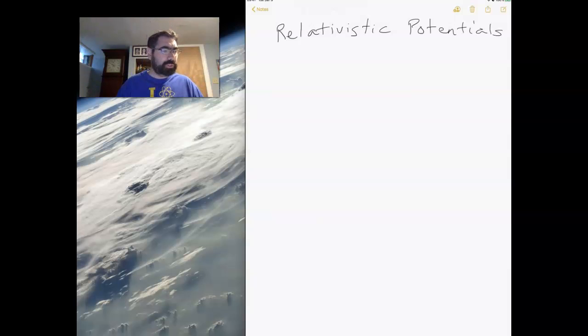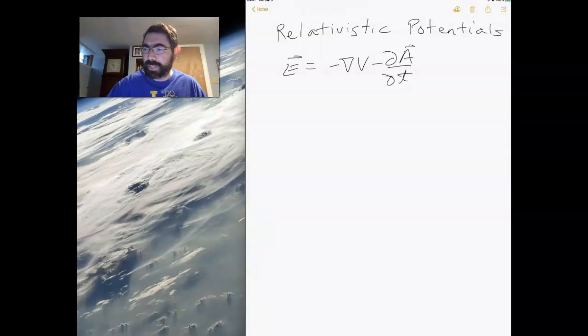If you remember, the electric field is written as minus the gradient of the electric potential, minus the time derivative of A, and the magnetic field is the curl of this potential A. Looking at the electric field gives us a hint that we're taking the spatial derivatives of one potential and the time derivative of another.